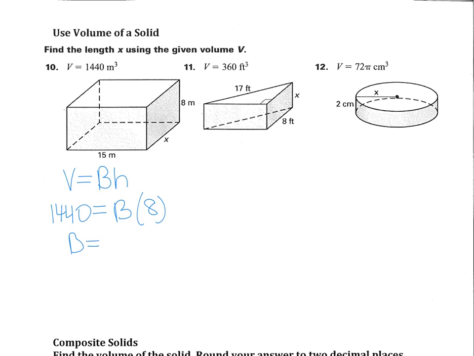So B is going to equal 180. But B is length times width, or base times height. So 180 equals 15x. So x equals 12, and these are going to be linear units.